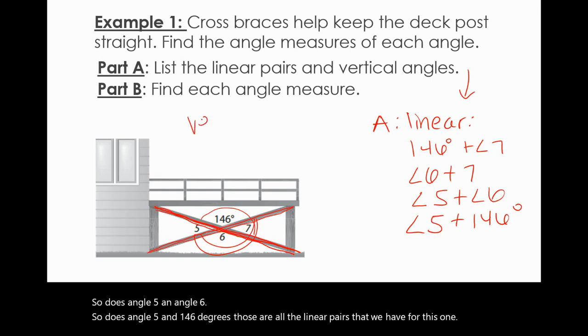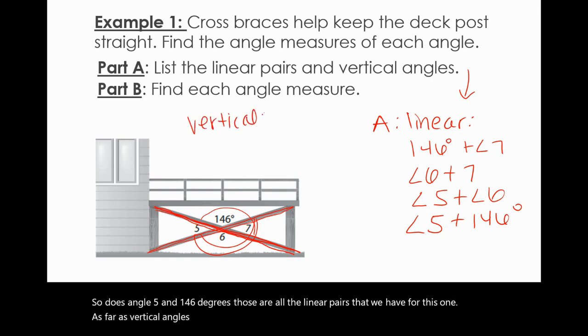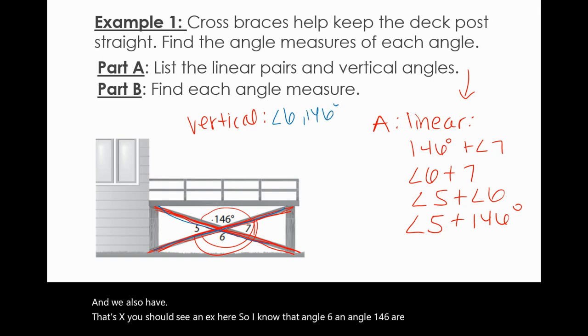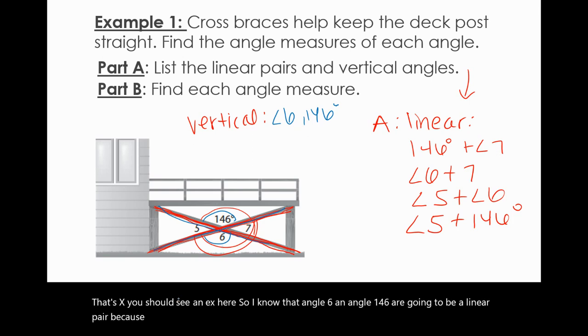As far as vertical angles are concerned, vertical angles create the X, and that's exactly what we have here. And we also have that X. You should see an X here. So I know that angle 6 and angle 146 are going to be vertical angles because they're across from each other.